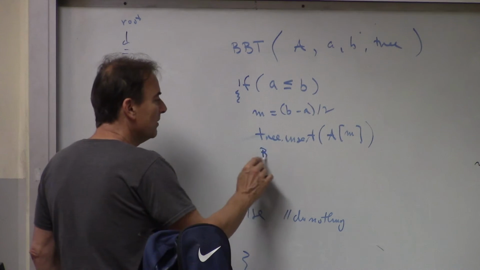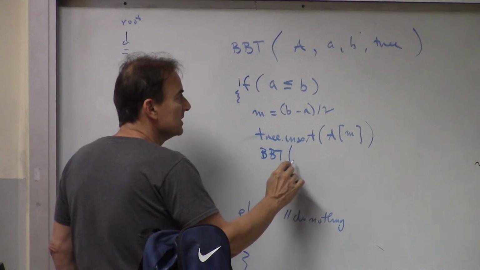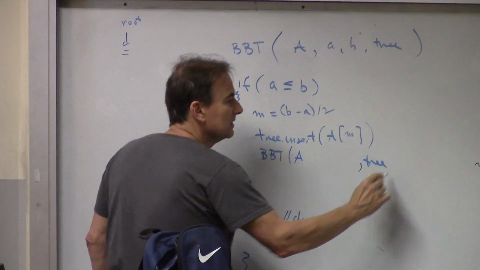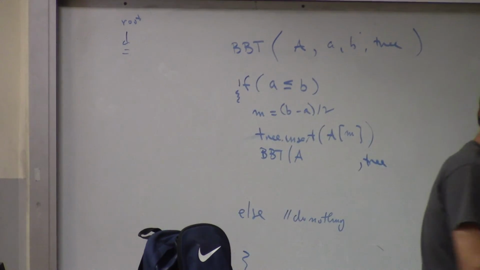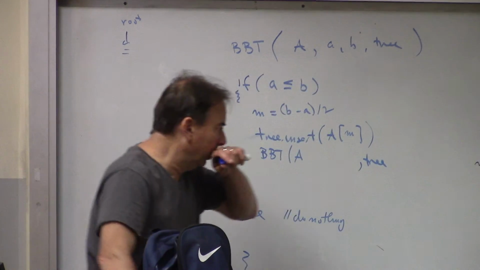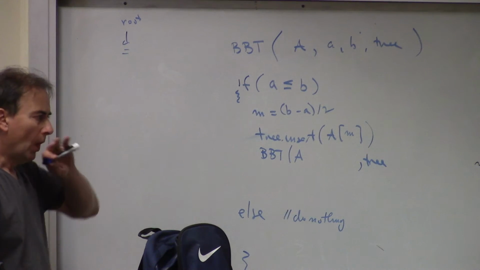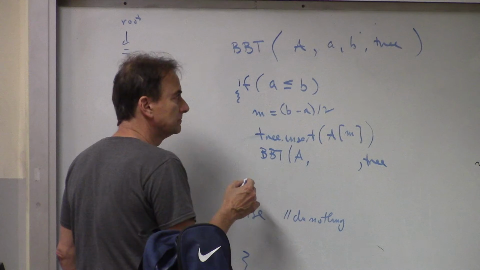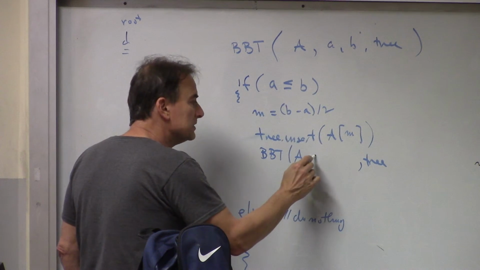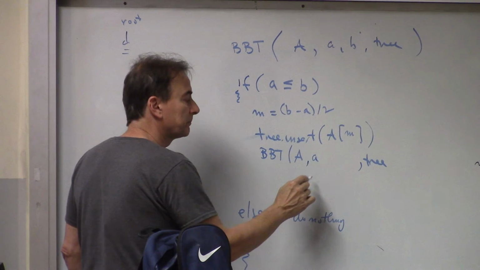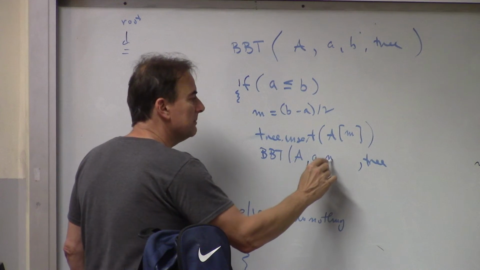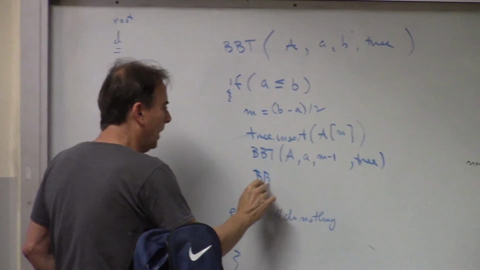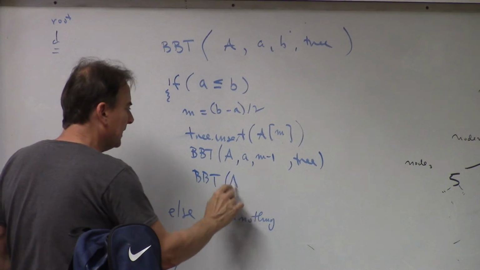We're going to go build balanced tree using the same array, using the same tree, but now we're going to recurse with the left side of the tree, which will be denoted how? So the beginning will stay the same, and it's going to be n minus 1.